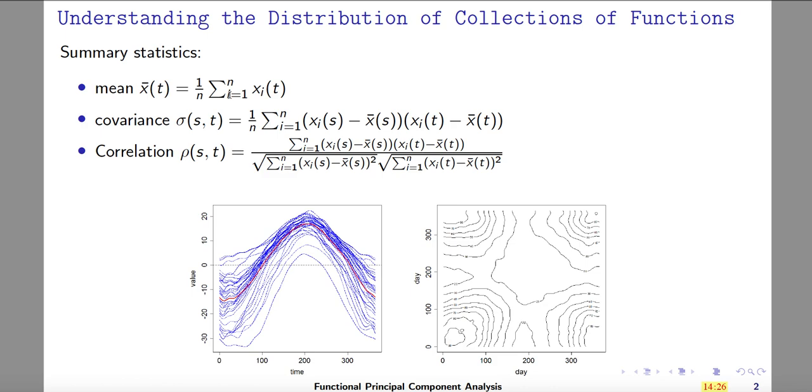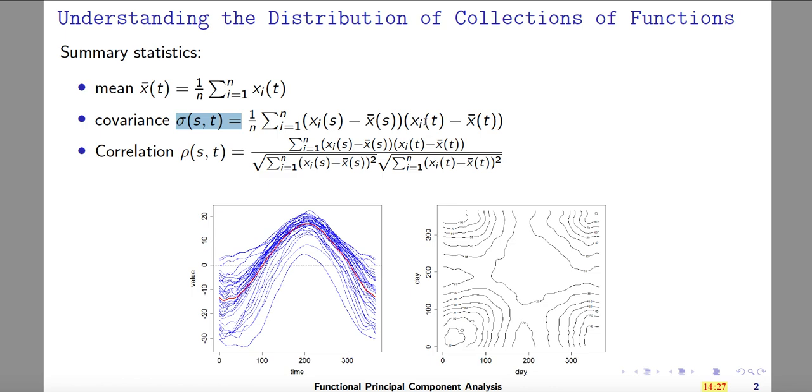Also we can look at the covariance function. This is the definition: sigma(s,t) is the covariance function among these curves. Basically, it considers the covariance of x_i at time s and the value of x_i at time t.